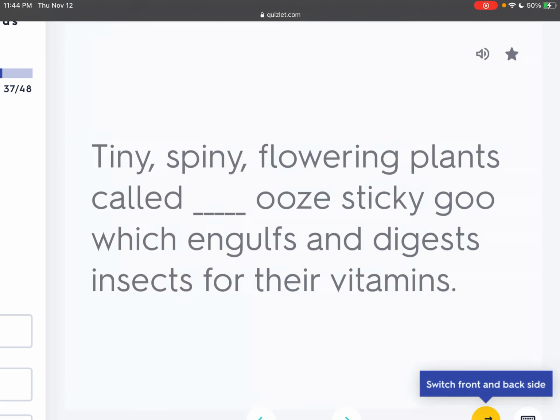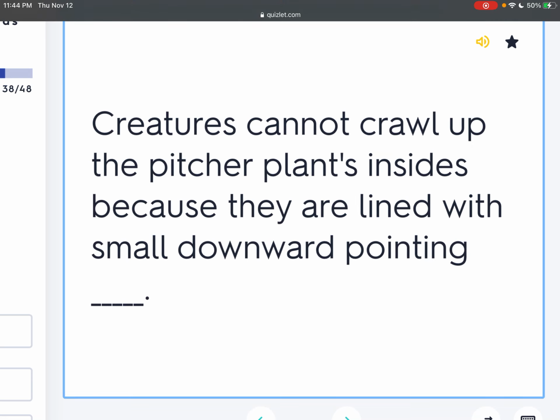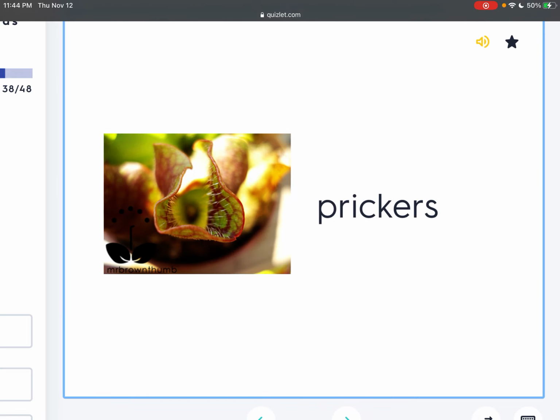Sundews. Creatures cannot crawl up the pitcher plant's insides because they are lined with small downward pointing blank. Prickers.